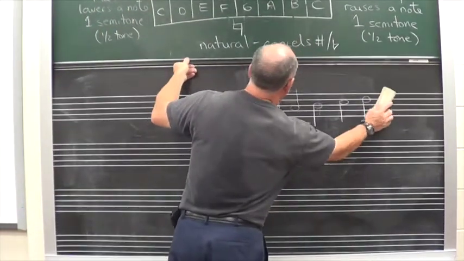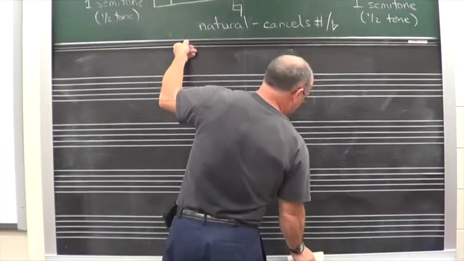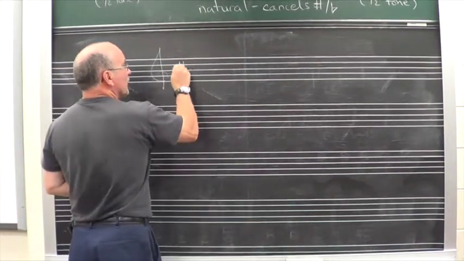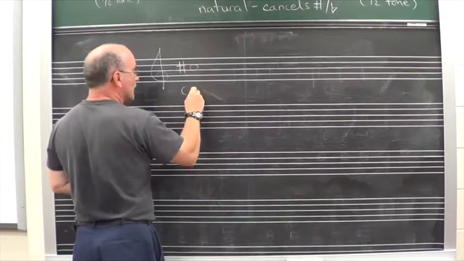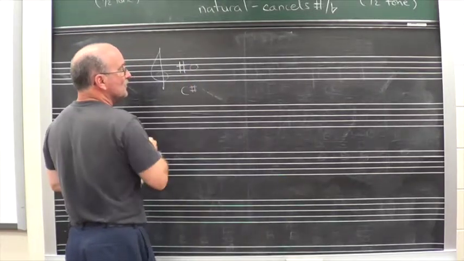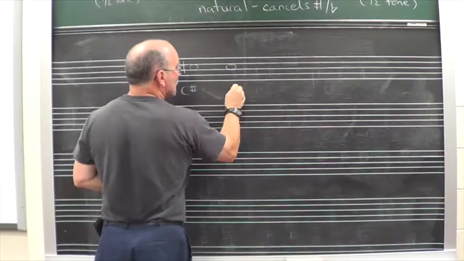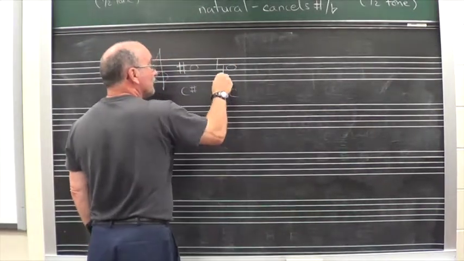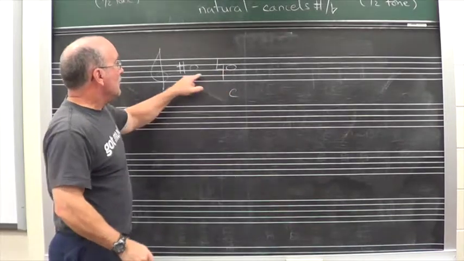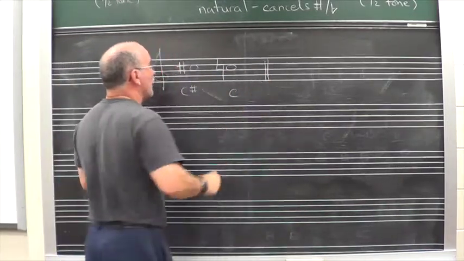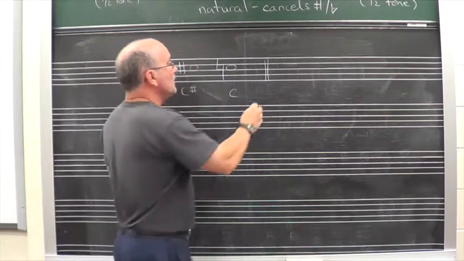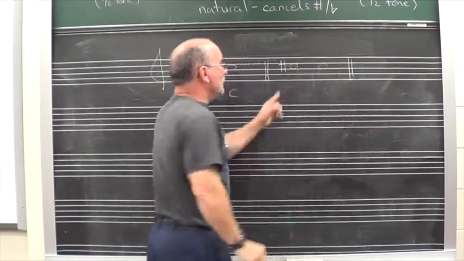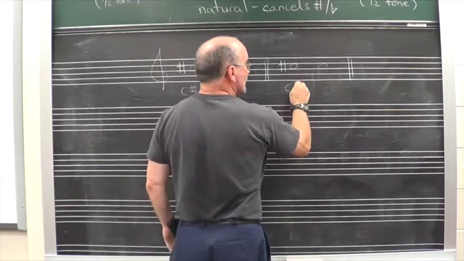Now this is important for you to realize, because when you're writing music, if this is called C sharp, and I want to talk about this, this is the note C sharp. If you want the note C, then you must put a natural sign in front of the note C, because in the same bar, if you see this sign, C sharp, and you write the note beside it, it remains C sharp.